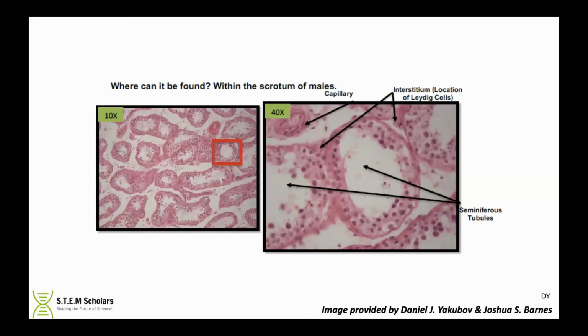Okay, so what I mean by this is luteinizing hormone allows for the production of both estrogen in females and then testosterone in males. And again, it's kind of faint, but this is the lumen of a seminiferous tubule. And this is the cross-section of a seminiferous tubule.